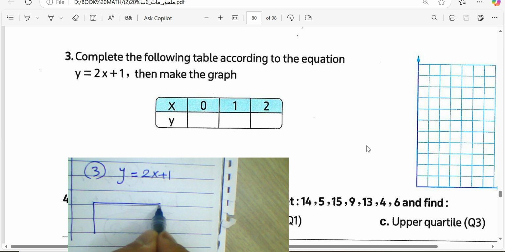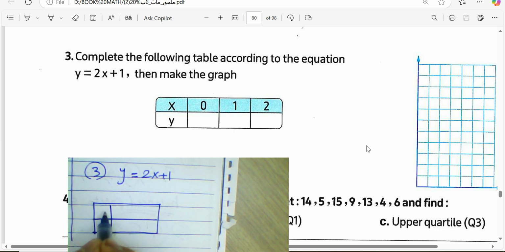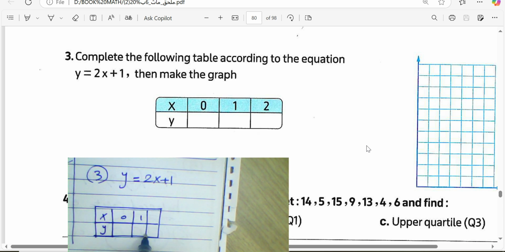We can draw the table. We have x and y: 0, 1, 2. Put x equals 0 here. 2 times 0 equals 0. 0 plus 1 equals 1. Put 1. 2 times 1 is 2. 2 plus 1 equals 3. 2 times 2 is 4. 4 plus 1 will be 5.